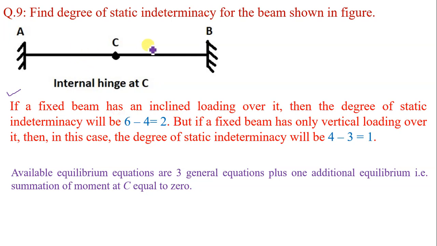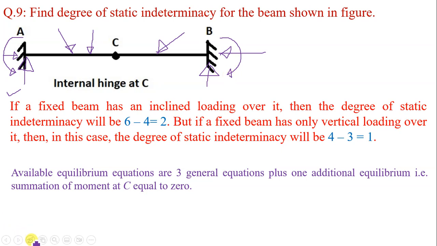How? If suppose this beam is carrying inclined loading like this, then definitely there will be horizontal reaction at B, there will be horizontal reaction at A, vertical reaction at A, this is vertical reaction at B, and this is fixed moment at A, this is fixed moment at B. So how many unknown reactions are there?